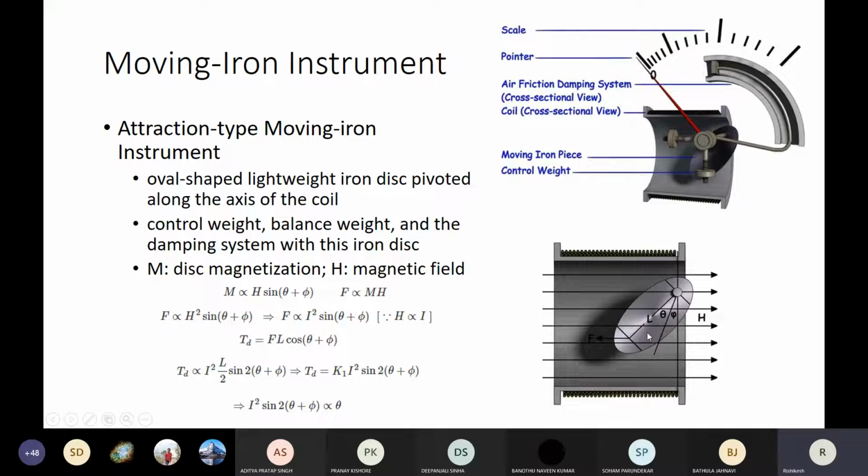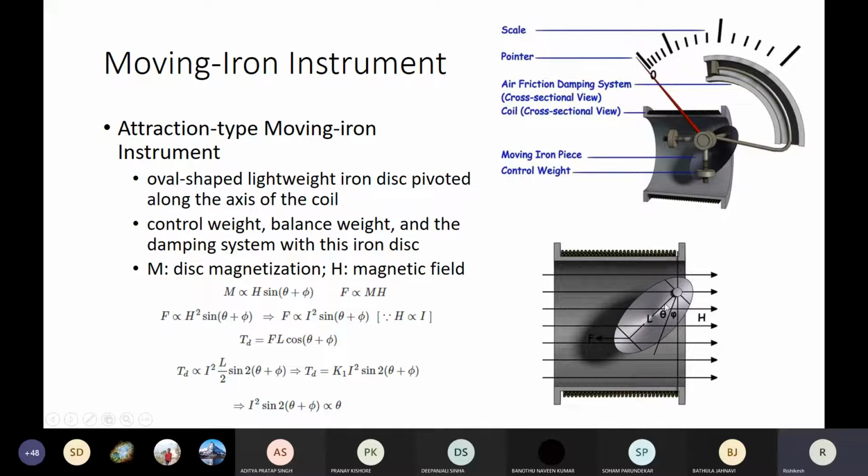So you can see that the torque, which is acting as a deflection torque, is similar to the deflection torque which we discussed in the PMMC instrument, that is given by F into L cos theta plus phi. Now this is the force component in this direction, which is used for rotation, F into cos theta plus phi.